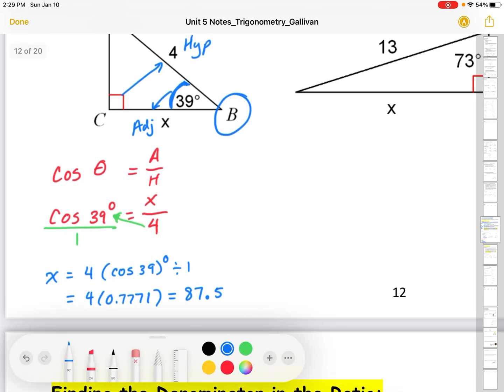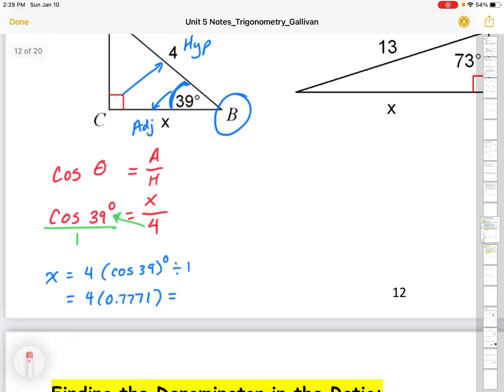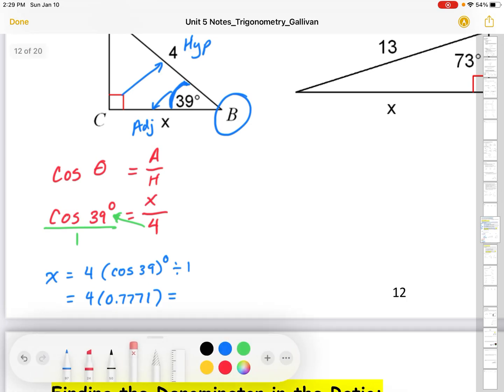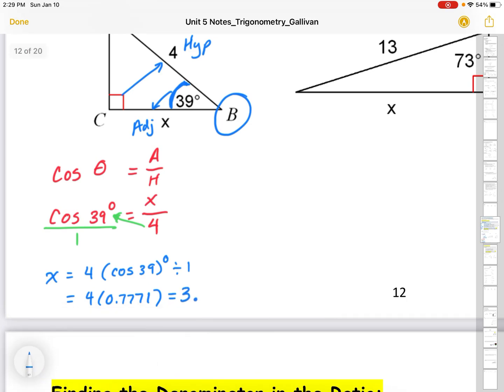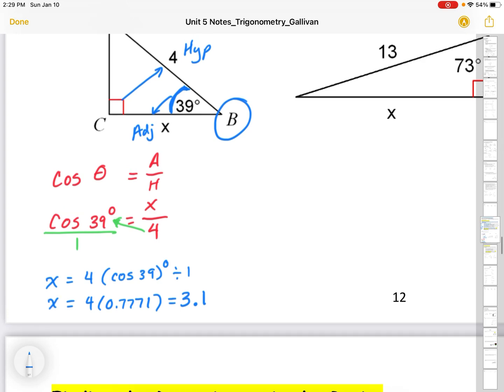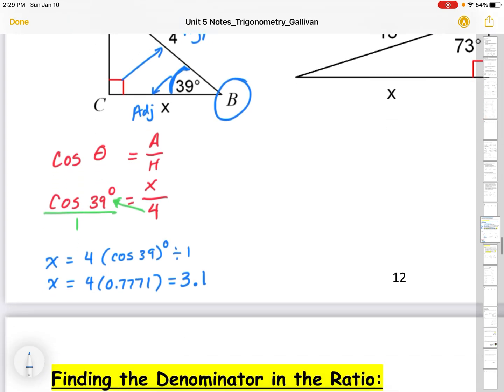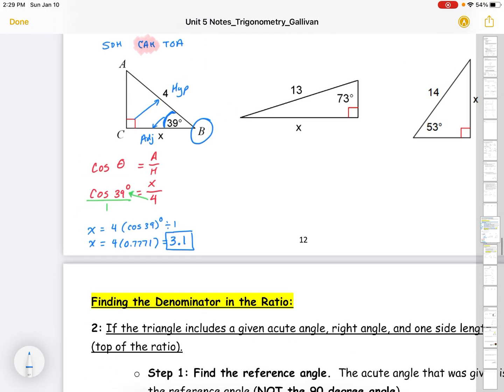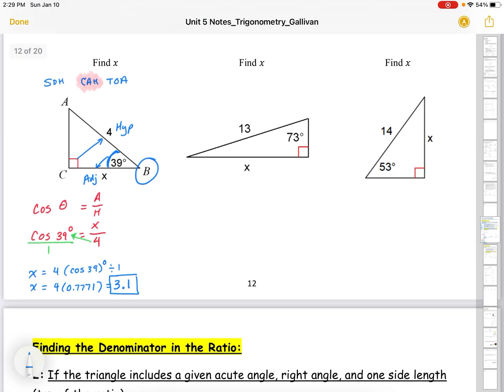That is not right. Mrs. Finley, what are you doing? 4 times 0.7771 is 3.1. I don't know what I pushed there to get 87. 3.1 is our answer for x. Okay, so that is our solution, 3.1. Now sometimes we have units, in this case we don't.